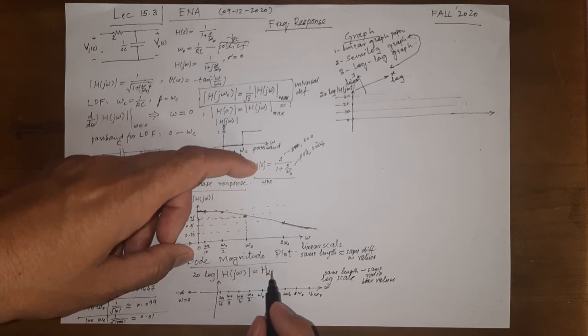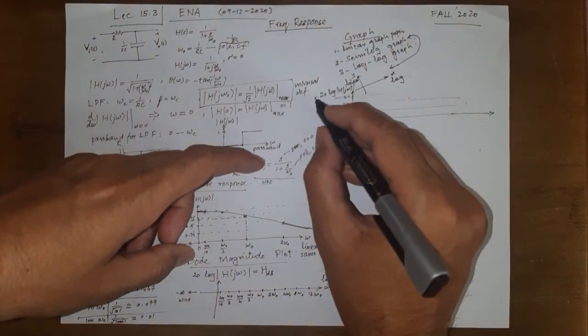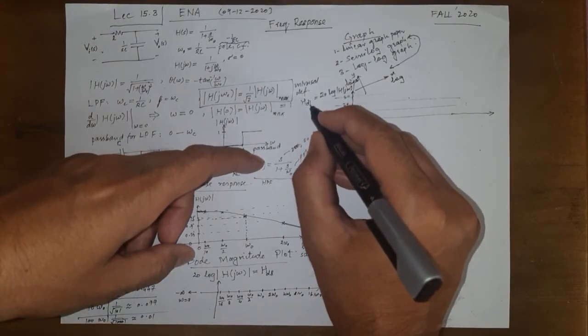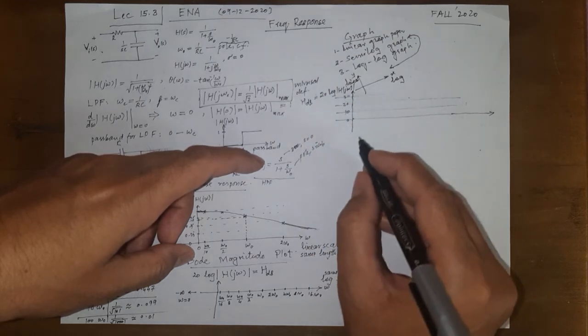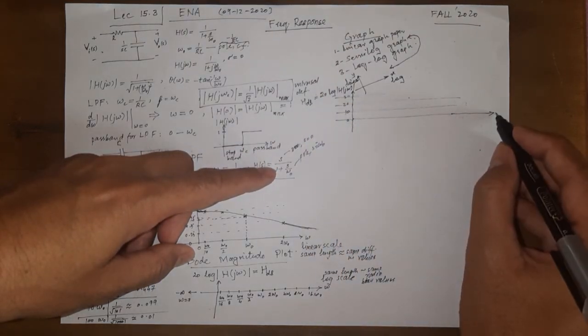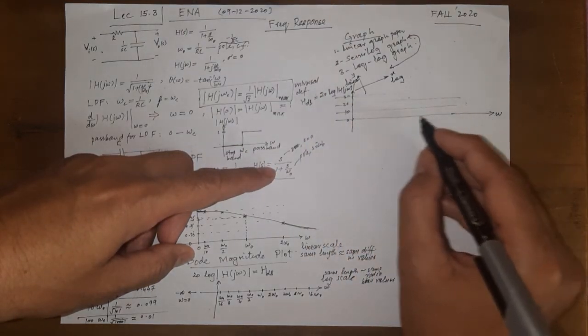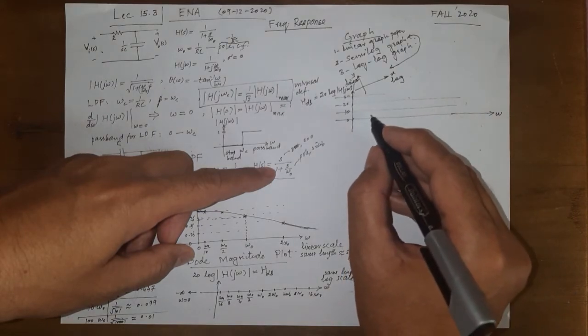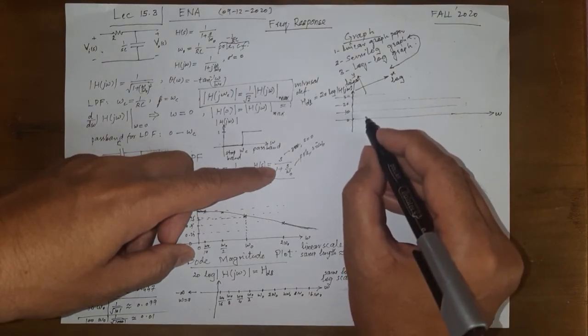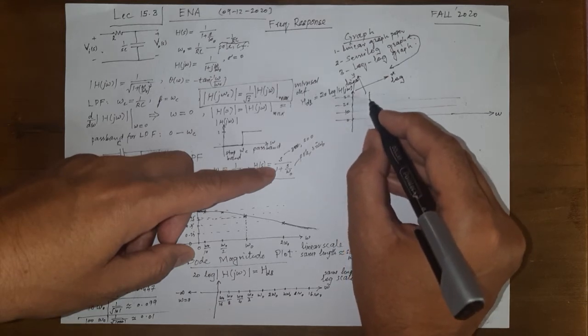So basically we plot H in dBs here on the y-axis, and on the x-axis we will plot omega, but the scale would be logarithmic. So it would be something like this.